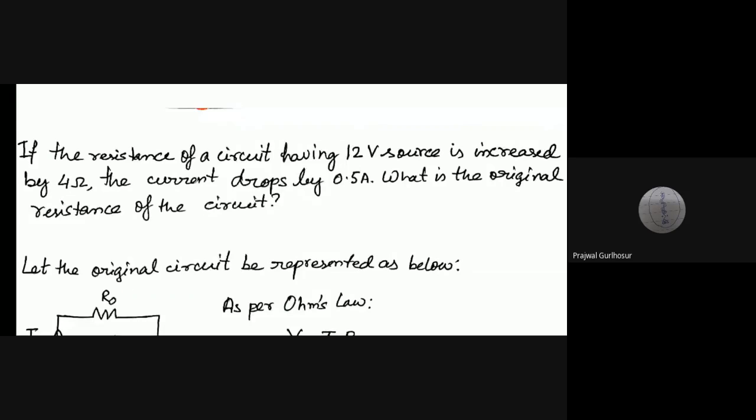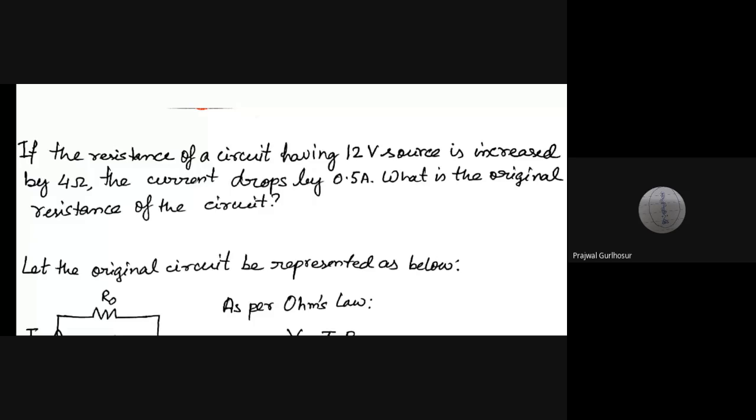The resistance of the circuit is increased by 4 ohm, and the current is decreased by 0.5 ampere. So resistance is increased and current is decreased. So what is the original resistance of the circuit? This is asked. So what we will do, we will first assume the original circuit.